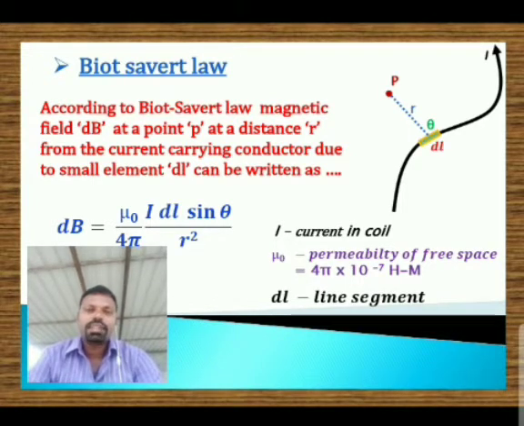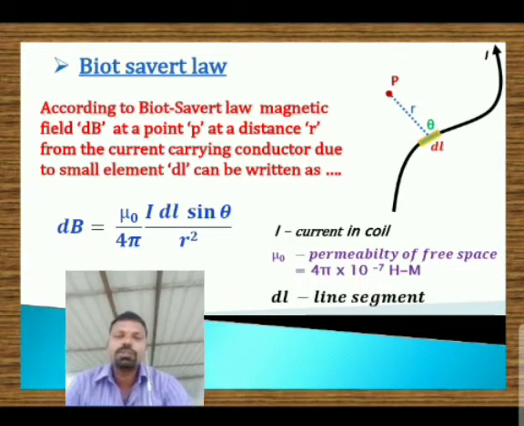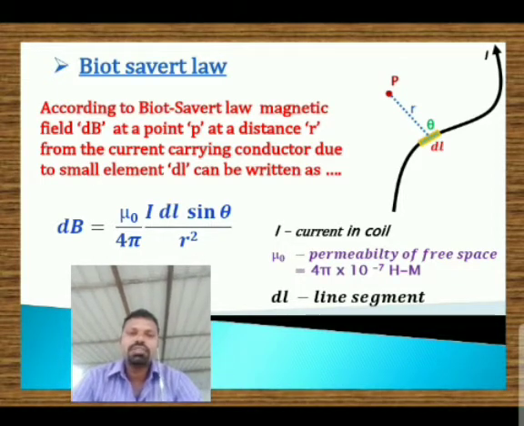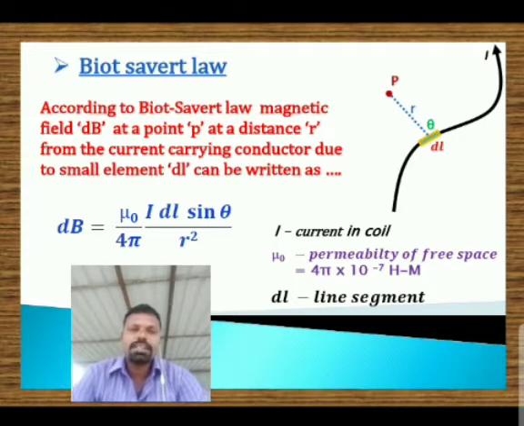can be determined using the formula dB is equal to mu naught by 4 pi I dl sin theta by r square. Actually, this is an experimentally proved equation.